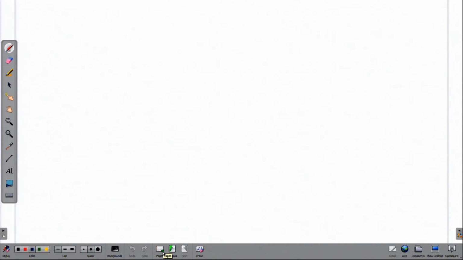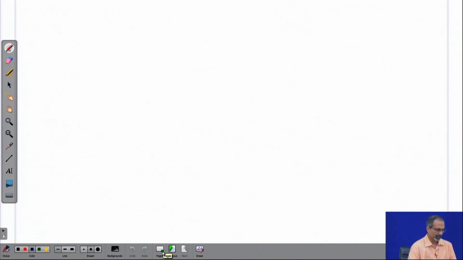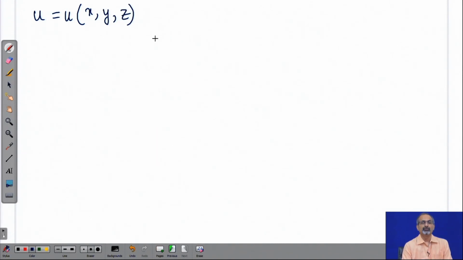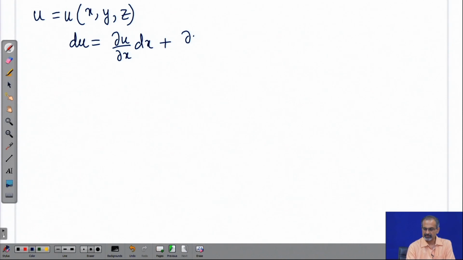Let us see what is the next step. Since we have assumed it to be a 3-dimensional steady flow field, u can be functionally represented like this in a Cartesian space, and if you take a differential of u, then you can write it down as del u del x times dx plus del u del y times dy.